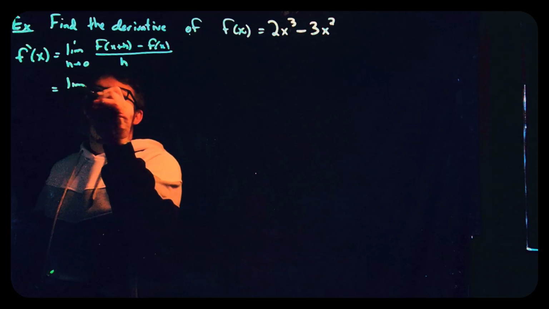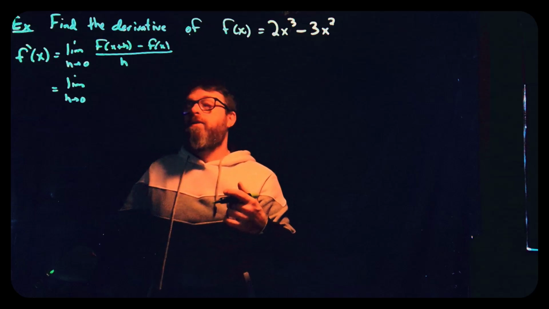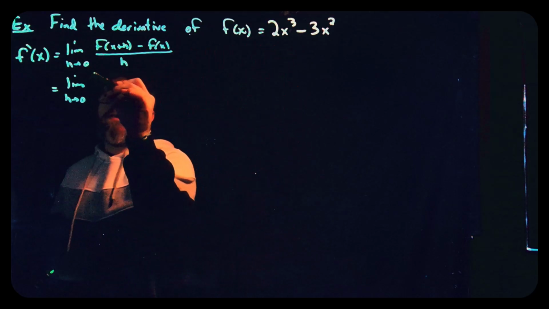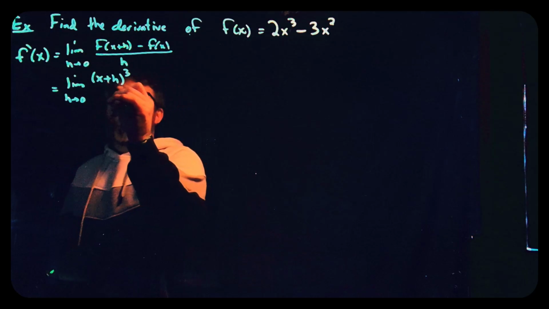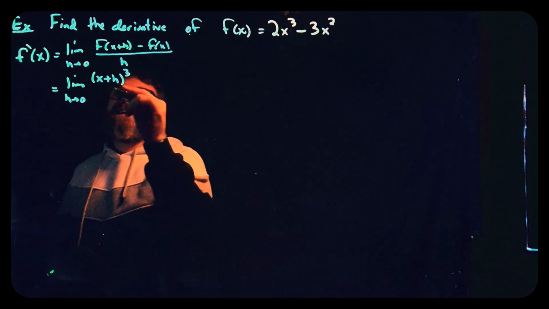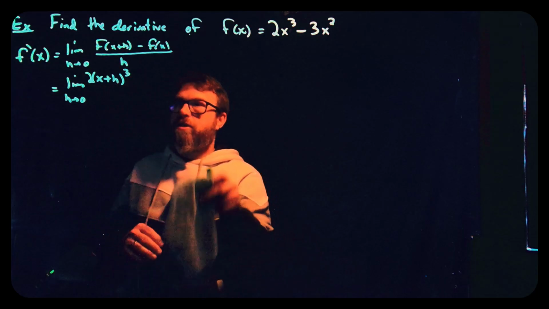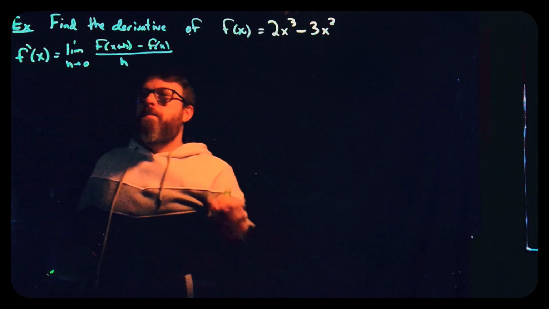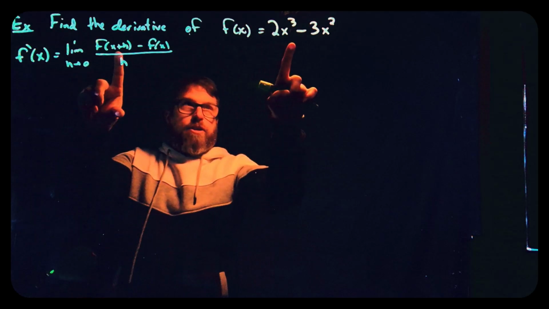Which is going to be equal to the limit as h approaches 0 of, now, what we have to do is plug this x plus h into this function. So what I'm going to have to do is plug x plus h into this cubic.